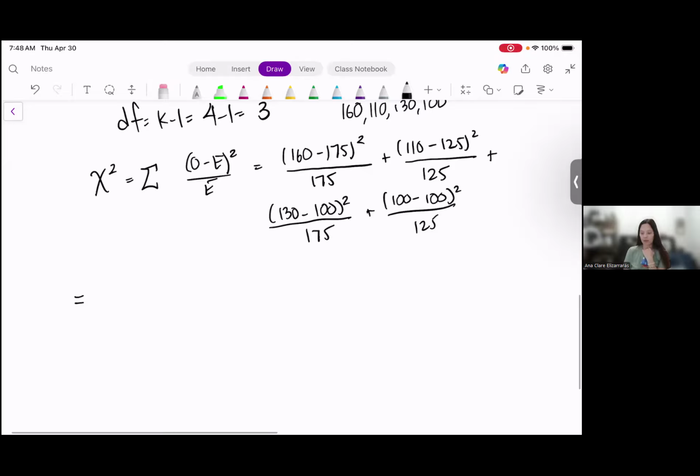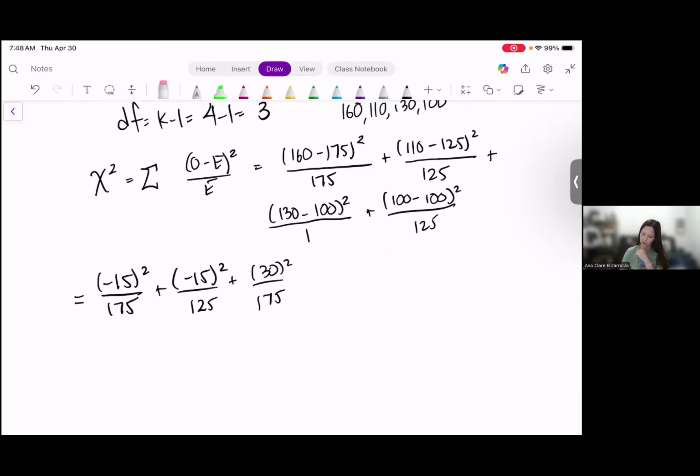160 minus 175 is -15, which we're going to square. 110 minus 125 is also -15, which we're going to square. 130 minus 100 is 30, which we're going to square.